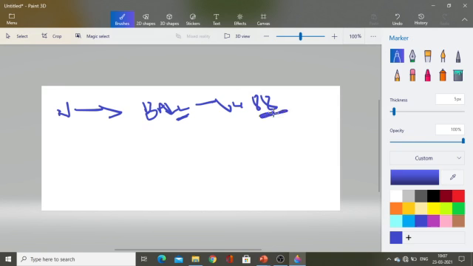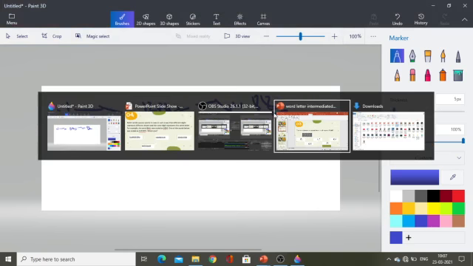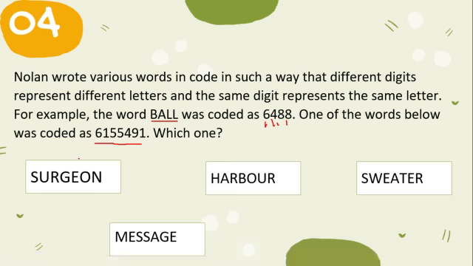So in the answer box we have to look for the same letters placed back to back. In this code 6155491, 55 is placed in the third and fourth place. So we have to look for a word which has the same letter in the third and fourth place.